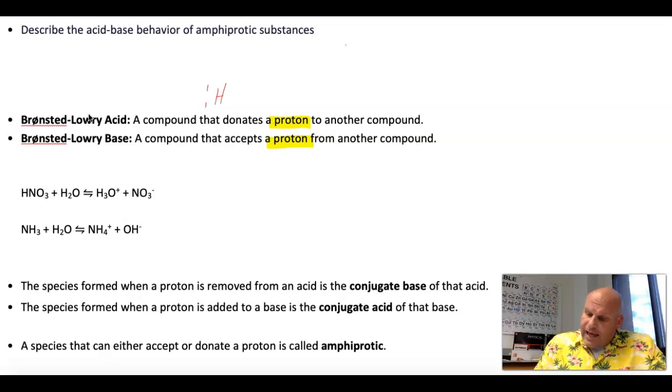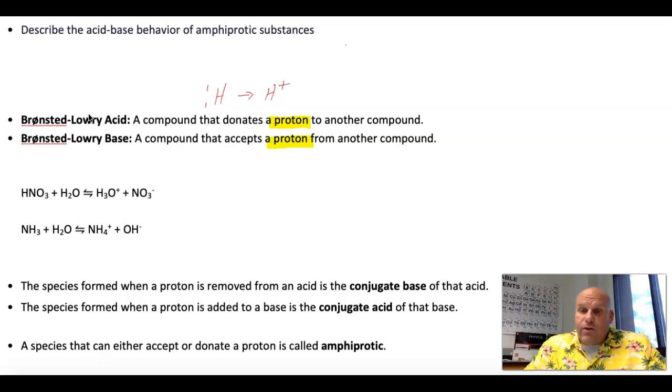When the hydrogen atom forms an ion, it loses that 1 electron and becomes the hydrogen ion, the H+ ion. What's left is just a proton. So that's where the terminology proton acceptor, donates a proton, accepts a proton comes from.